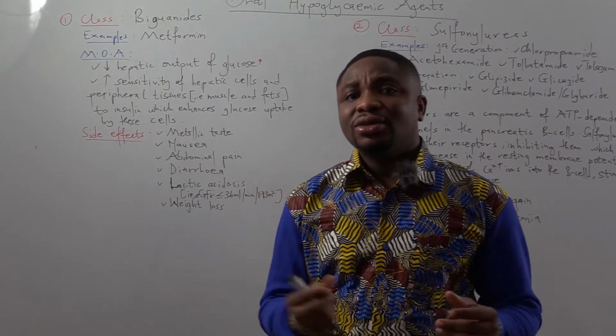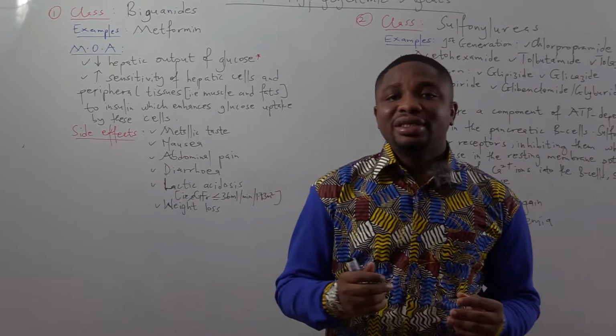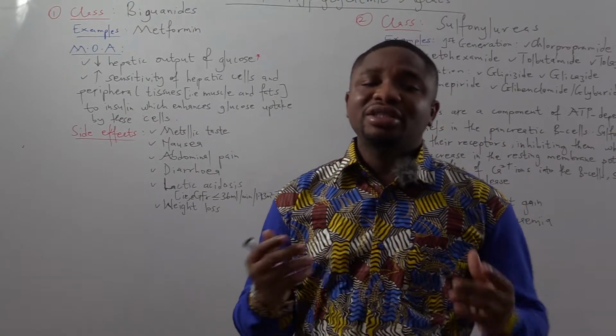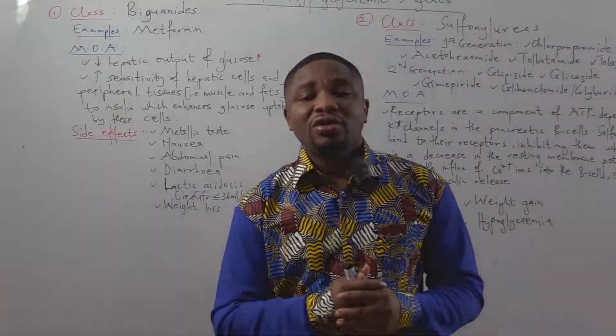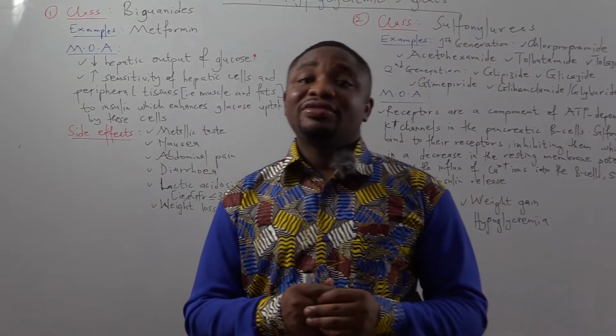And for lactic acidosis, it's conditional, meaning that the estimated glomerular filtration rate has to be analyzed. For patients to be on metformin, you would want to request a renal function test to know the estimated glomerular filtration rate.